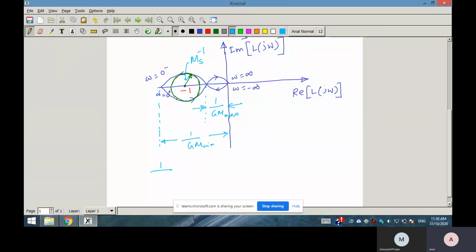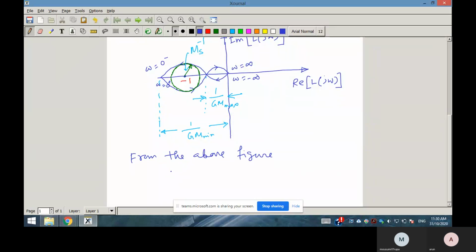From the above figure, 1 by GM min is from here to here.